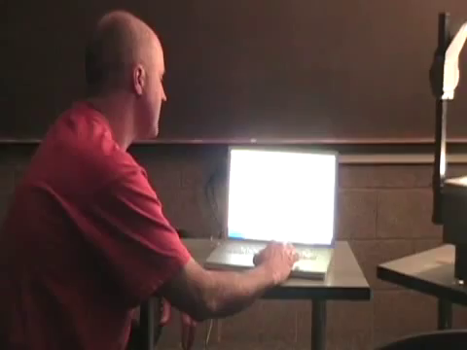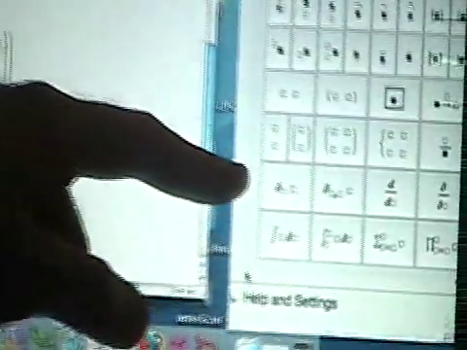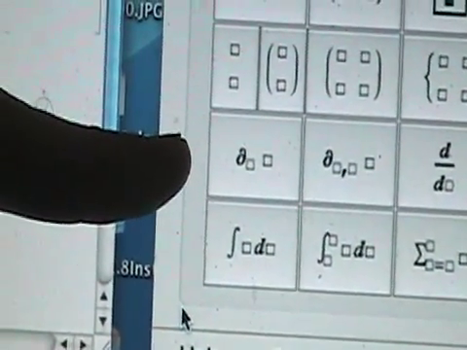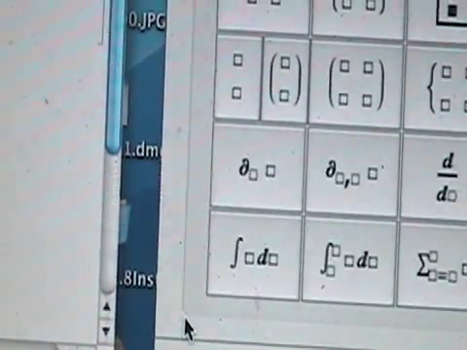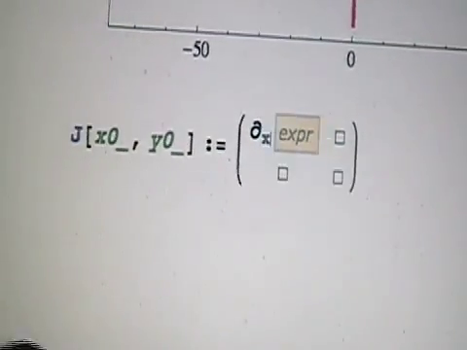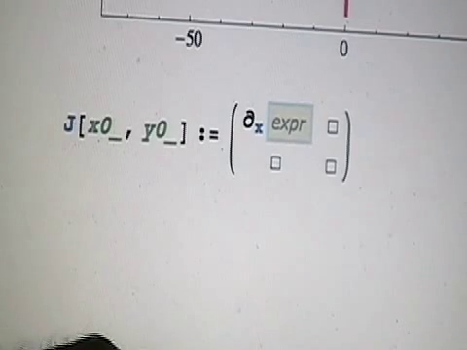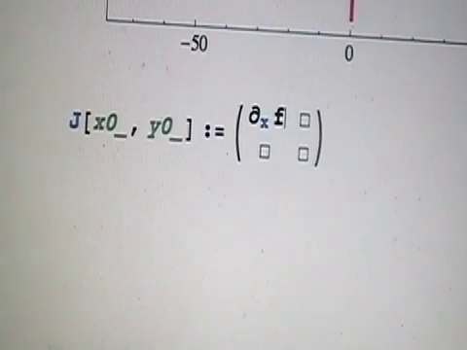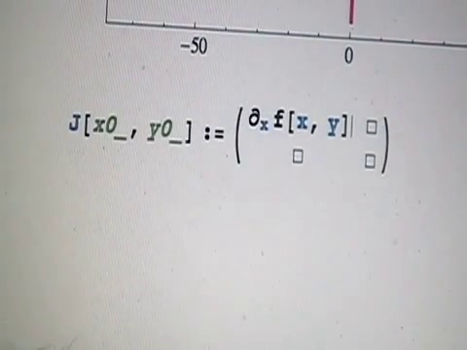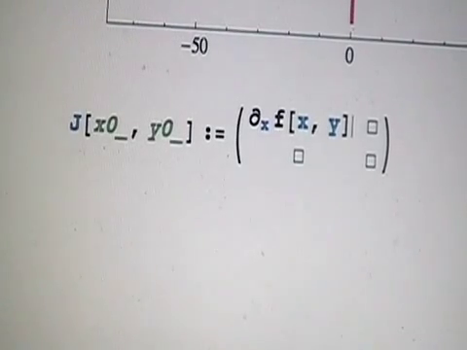I can use the basic Math Assistant again and press this button down over here to get my derivative symbol on there. Coming back over here, it tells me I want to differentiate with respect to a certain variable, x for the first one, and then I'm going to do it for the function f. That'll differentiate it with respect to x, but ultimately I'm going to want to plug in the point x0, y0.